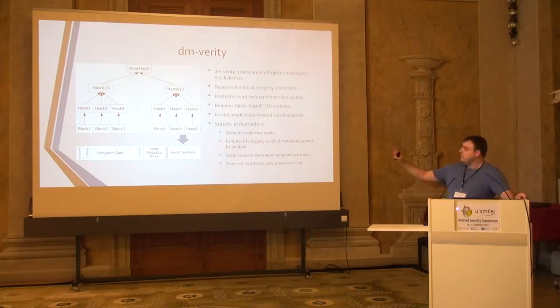How it does it is you have the hashes of each block, and then you take hashes of hashes until you arrive at a root hash, which is signed, and it's appended at the end of the partition. Of course, this only works if the partition is read-only, like system, because you cannot build the hash tree at runtime.